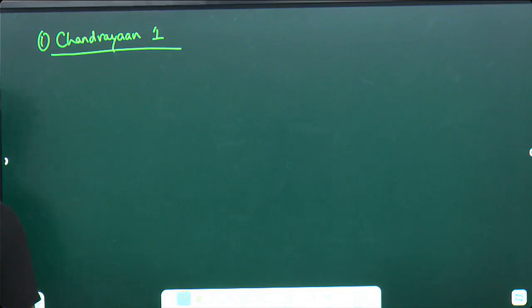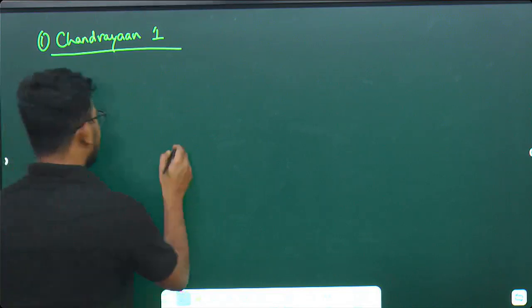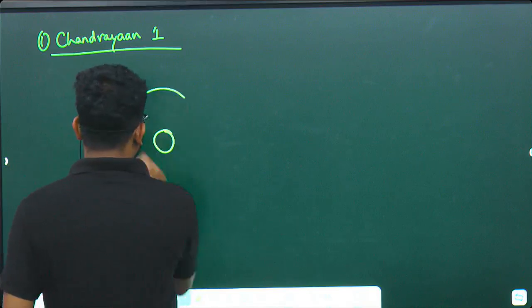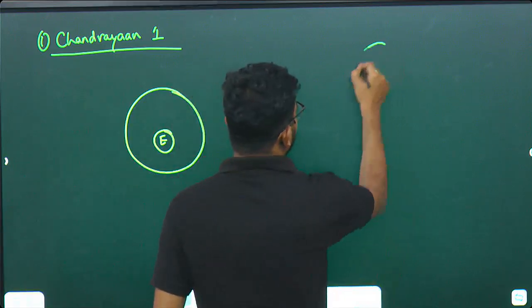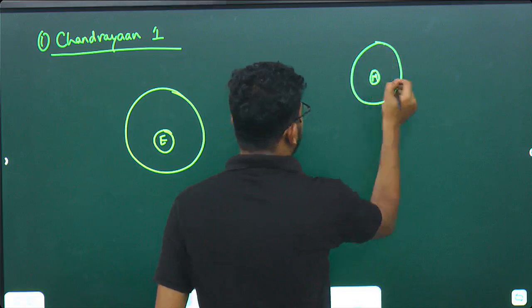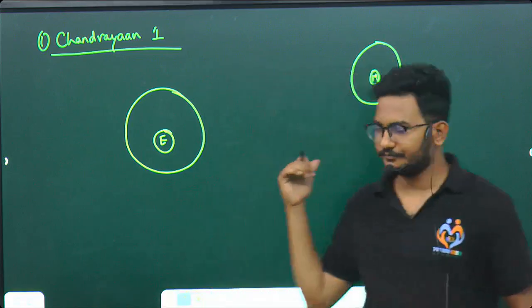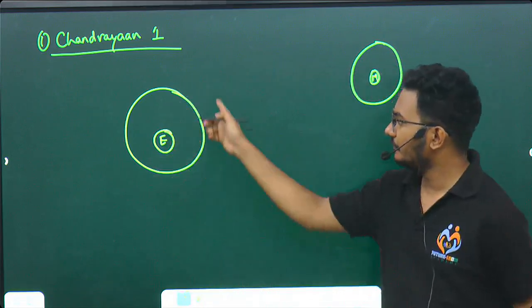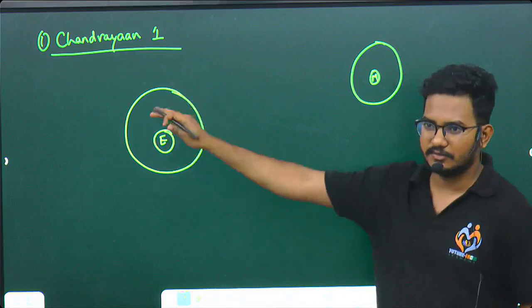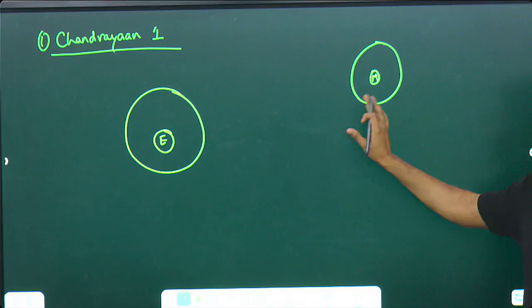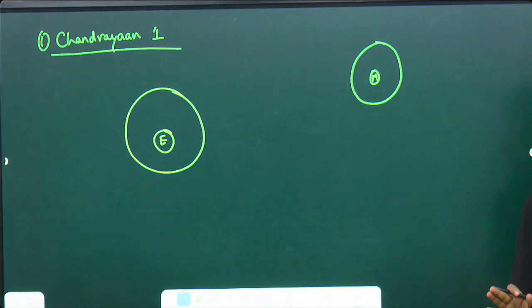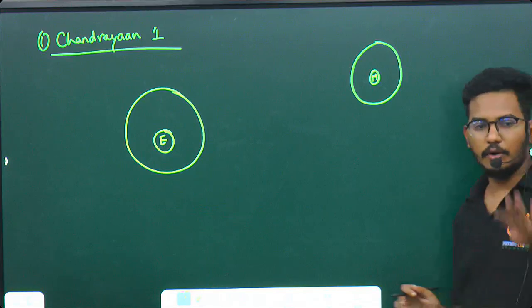Okay. See, listen to the story first. This is Earth, and this is the 36,000 kilometers, which means orbit, gravity. And this is Moon, and this is Moon's gravity. Okay. So whenever we are launching a satellite, we'll have 4 important dates.